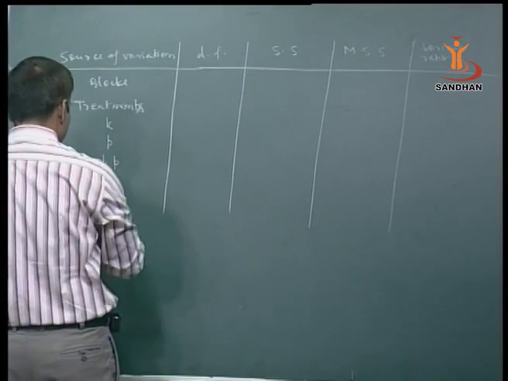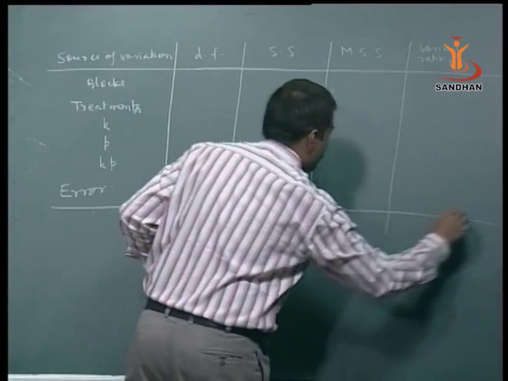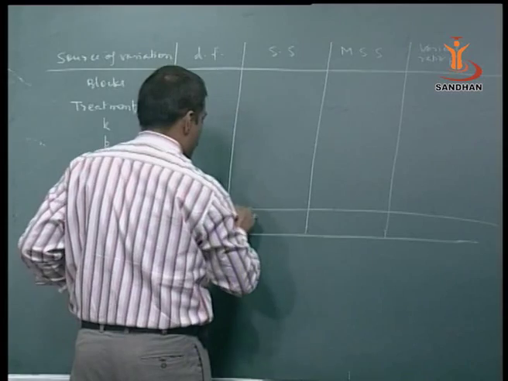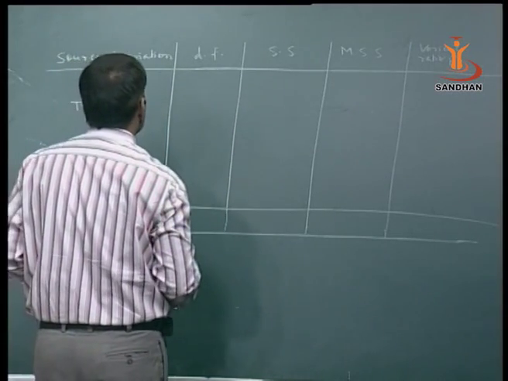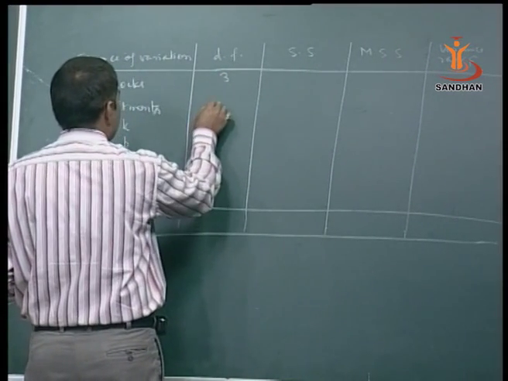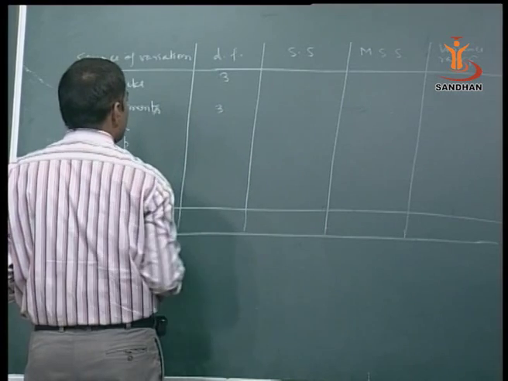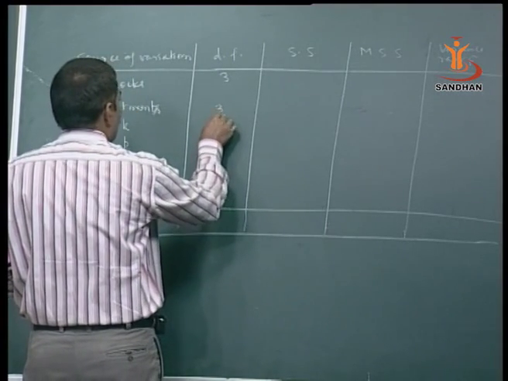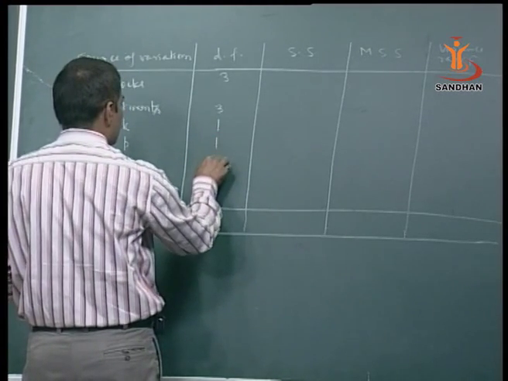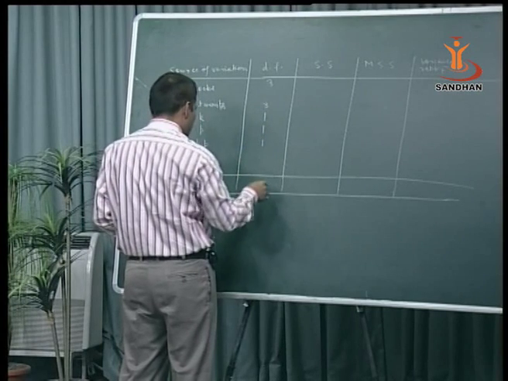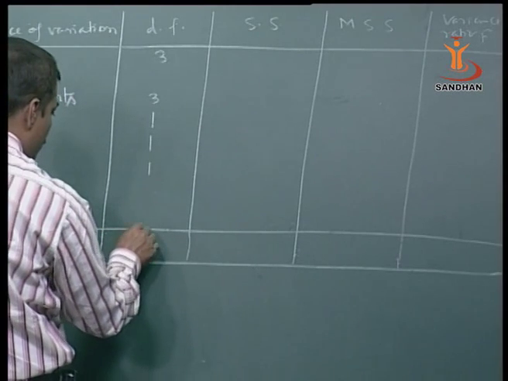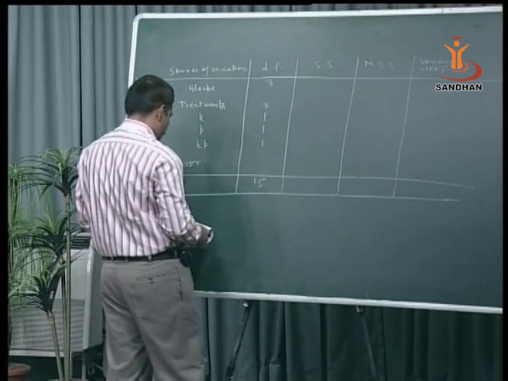For blocks, there are 4 blocks, so degrees of freedom is 4 minus 1, that is 3, and there are 4 treatments, 3, so 1 degree of freedom for K, 1 for P, and 1 for KP. We divide 3 into 3 parts, and total here it is 16, so it is 15 total.